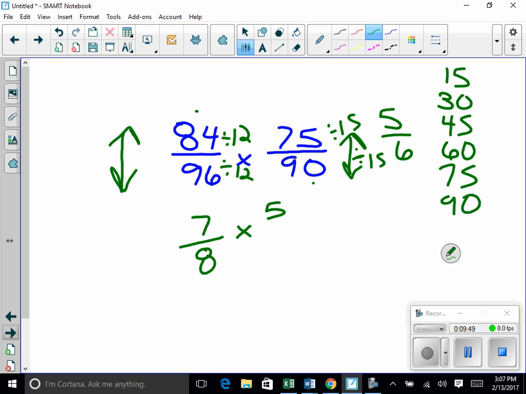So we have a nice simple problem. Instead of 84 over 96 times 75 over 90, we have 7/8 times 5/6, and you'll see 35 over 48. That's a lot simpler, a lot easier problem for me. Okay. Next ones.